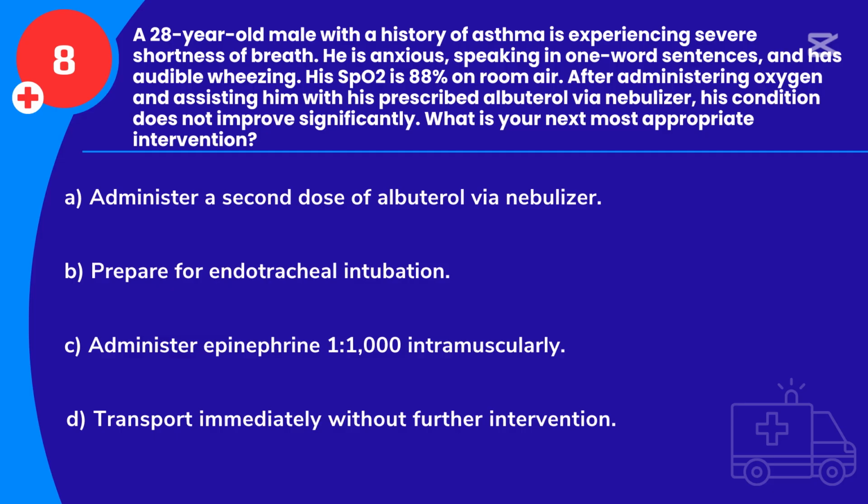What is your next most appropriate intervention? A. Administer a second dose of albuterol via nebulizer. B. Prepare for endotracheal intubation. C. Administer epinephrine 1:1000 intramuscularly. D. Transport immediately without further intervention.